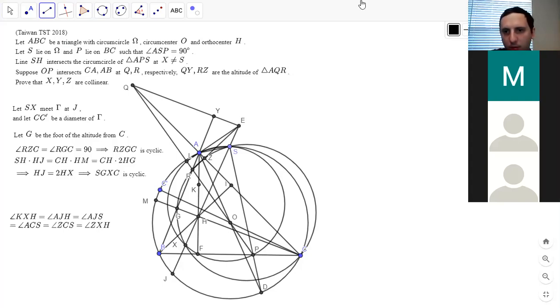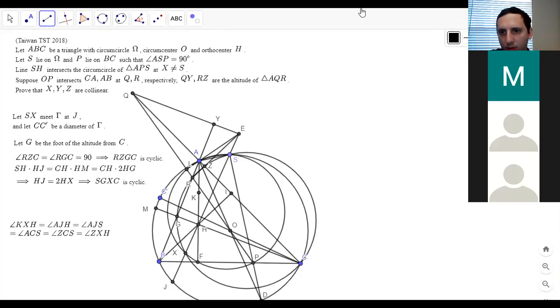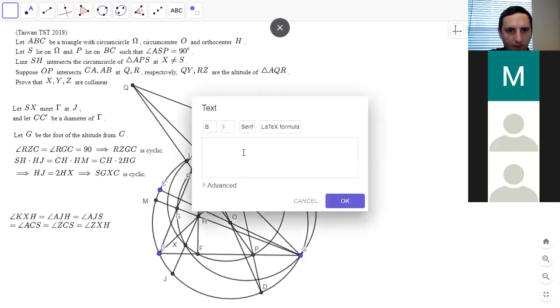Okay, so it's all right. I think there's a bunch of ways to solve this, it looks like. So by Pascal's on that hexagon, we have R, O, and P are collinear.